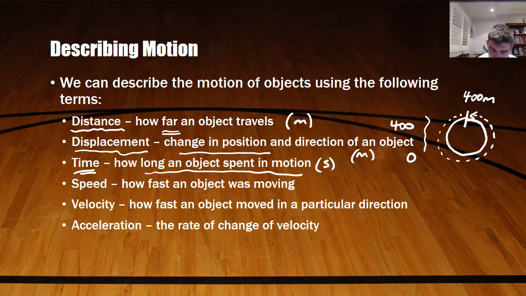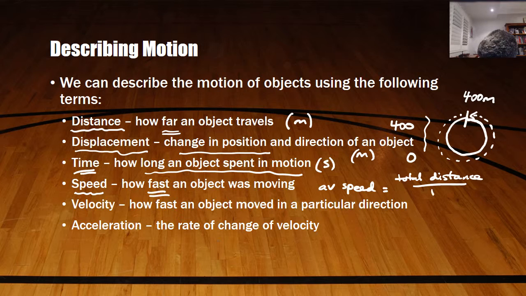Putting distance and time together, we get speed. Speed is basically the rate of change of distance over time. Speed is related to how fast an object is moving. And there are ways of calculating average speed, where the average speed is equivalent to the total distance that you cover divided by the time it took you to cover that distance.